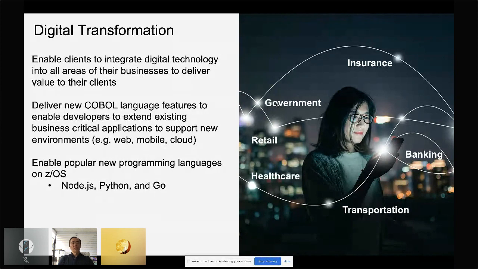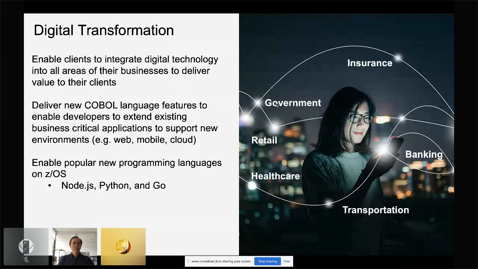And we're also enabling very popular new programming languages on z/OS. We have enabled Node.js, Python, and we're working on Go right now. Basically, what we feel is that COBOL is very good at what it does, so it really runs your business, right?